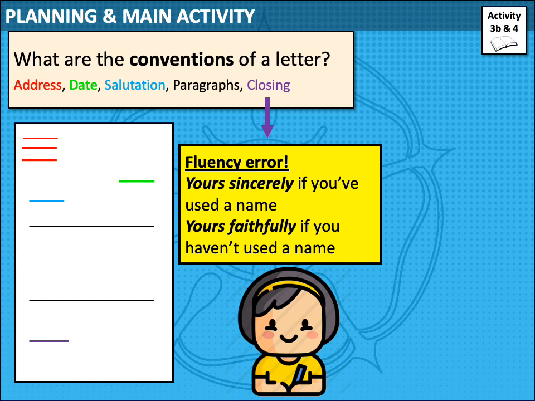If in the salutation you have used somebody's precise name, Dear Mr. Smith, then you will close the letter with yours sincerely. But sometimes you do not know the name of the person you are writing to. Dear Director, Dear Editor, Dear Head Teacher. And therefore, if you haven't used the person's name, then you would sign it off in the closing with yours faithfully.